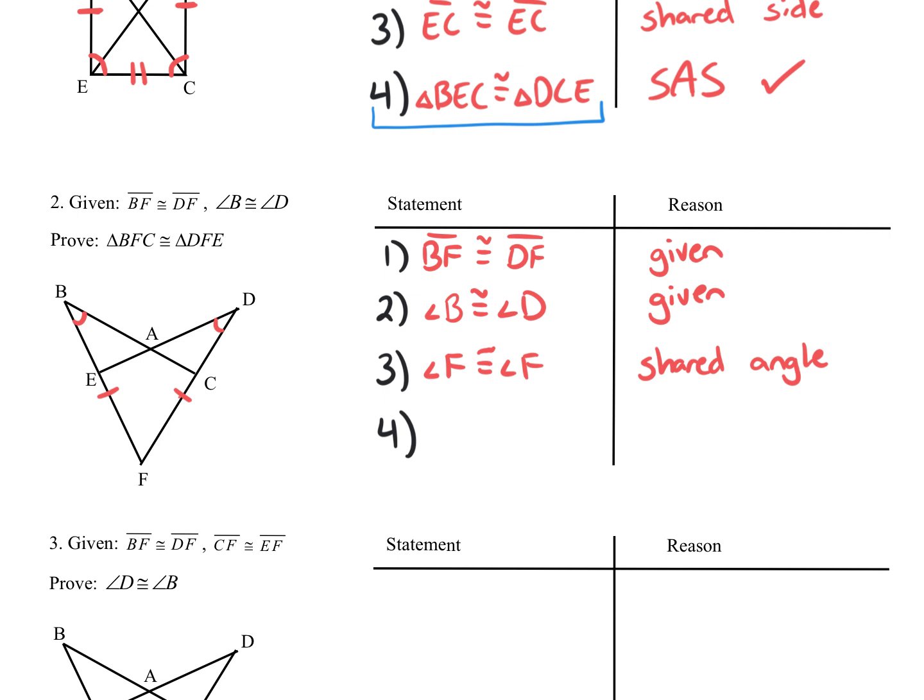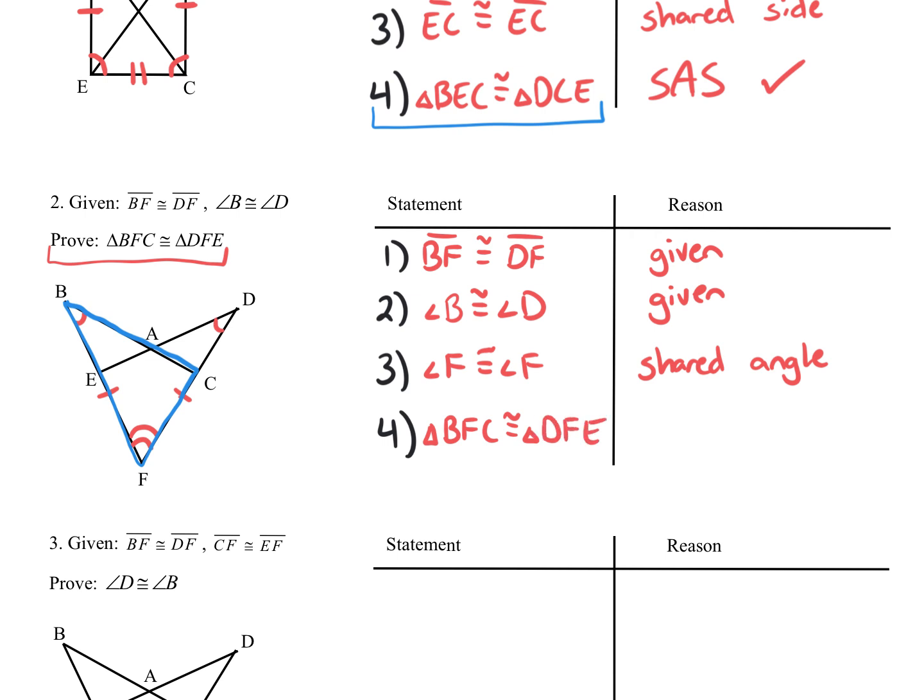So then mark it. Do I need one line or two? Two. Again, if it helps just to look at one triangle, highlight it or trace it. What's my last statement always going to be? The same as the proof, what you want to prove, right? So I need to take this statement, triangle BFC is congruent to triangle DFE.